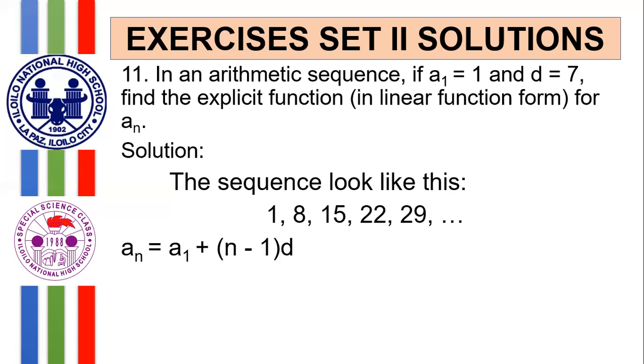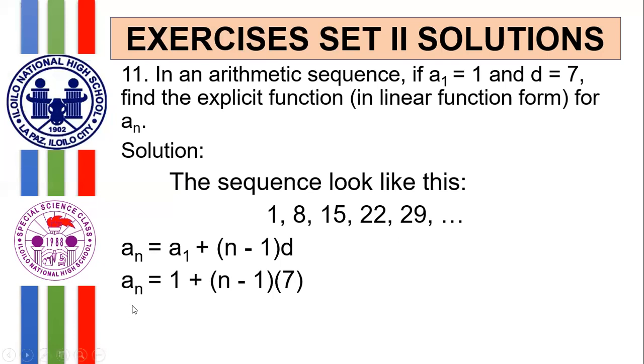And to determine the explicit function in linear function form, all we have to do is substitute a sub 1 with 1 and the value of d, which is 7. And in that case, you will have a sub n equals 1, because that's our first term, plus n minus 1 times 7.